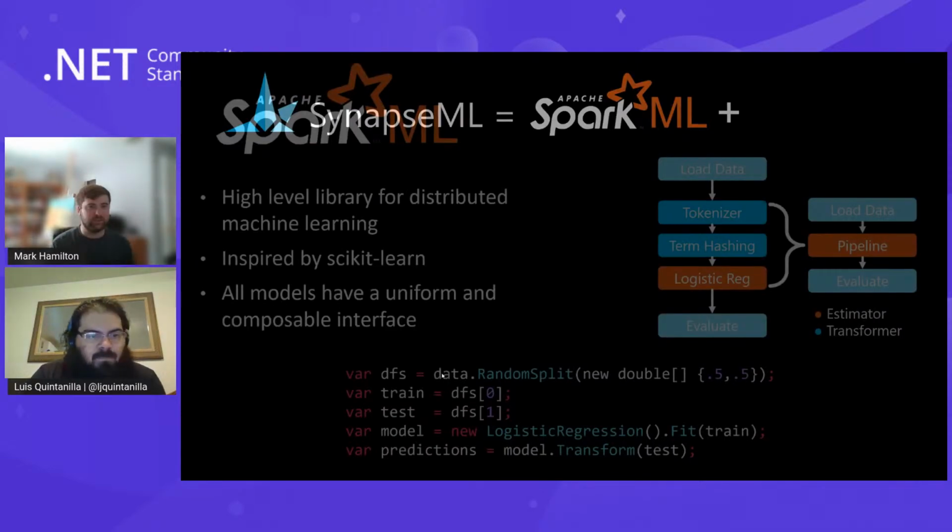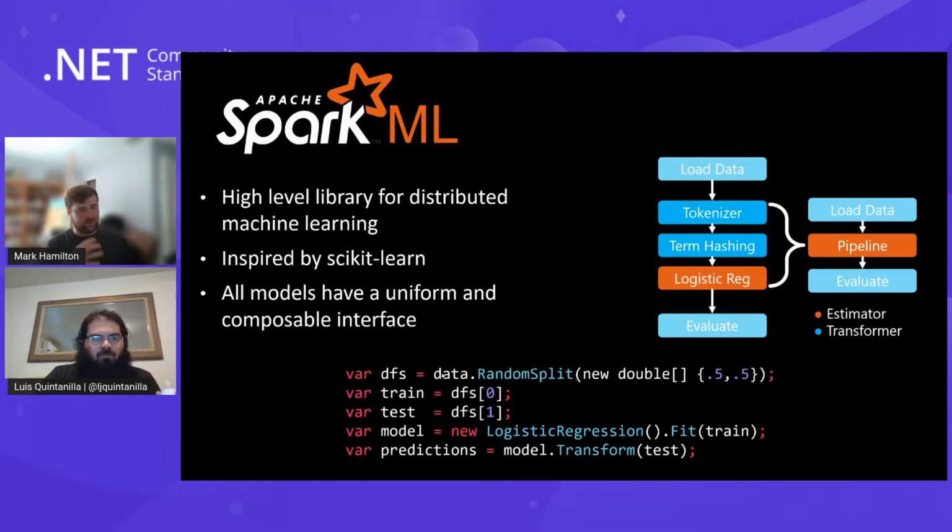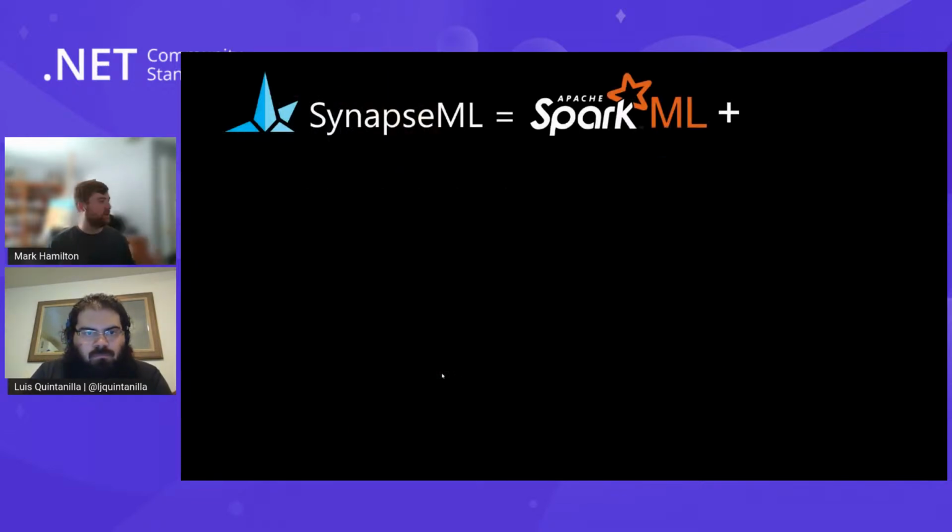Yeah. So this is where we transition, now that we've seen the background of what Apache Spark is, what Spark.NET is, what SparkML is. This is where SynapseML comes in. What SynapseML does is it takes SparkML, this really nice API for machine learning on Spark, and it scales it out and brings a whole bunch of new functionalities into this API.